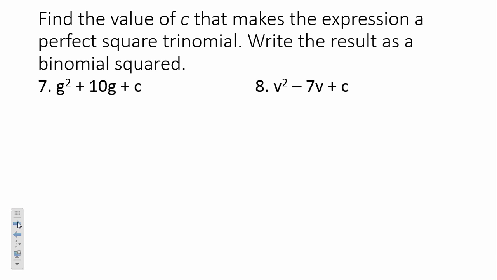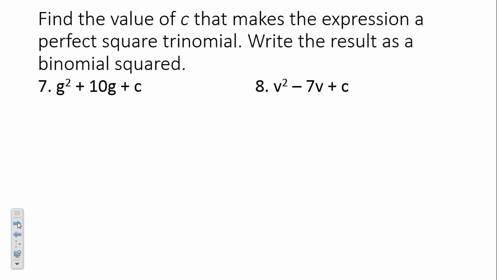So we're going to find a value of c that makes each expression a perfect square trinomial, and then we'll write it as the square of the binomial. Okay? Just like our bell opener. Okay, our bell work.